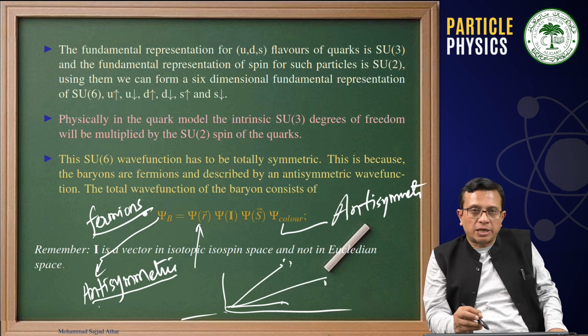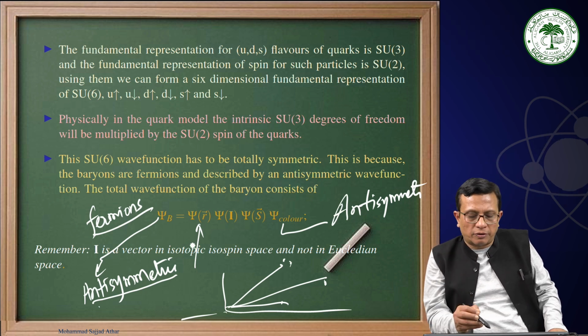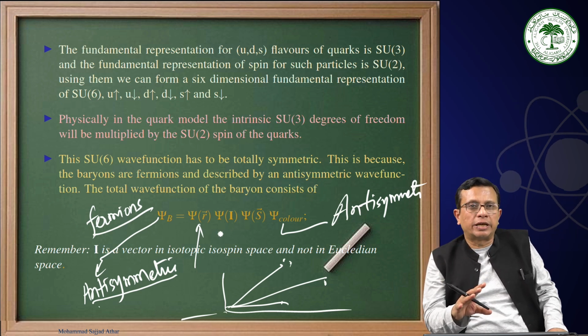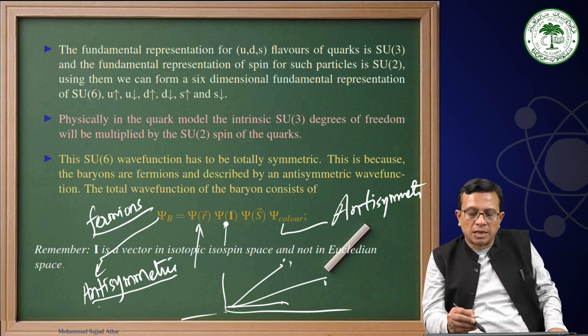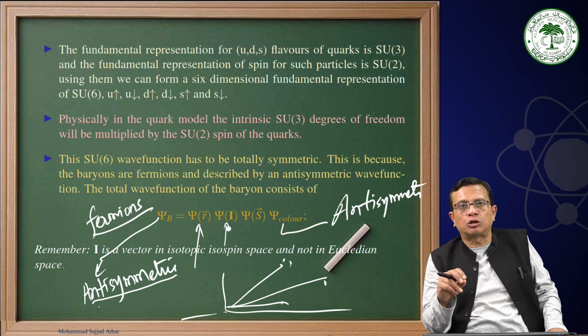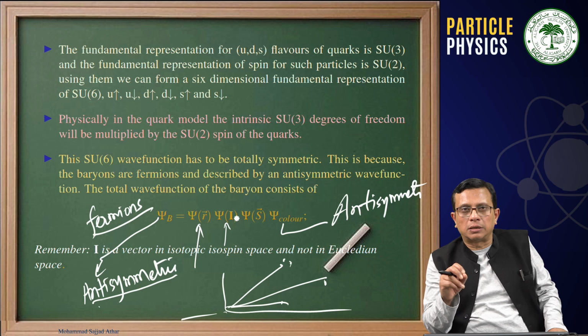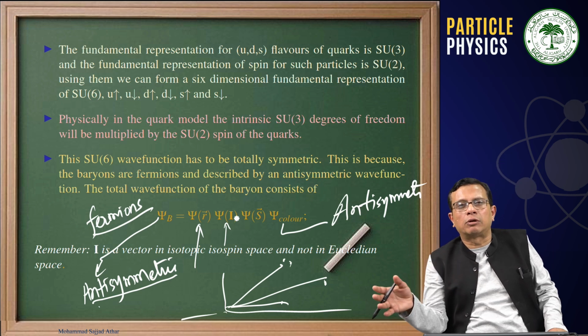Now, the total wave function consists of the wave function that describes the position of the quarks, and the wave function that contains the flavor of the quarks that give rise to a certain baryon, and that is why I am writing it as psi, a function of isotopic spin. And mind it, I am putting a bold psi. This is simply to convince you that this isotopic spin is not a vector in Euclidean space.